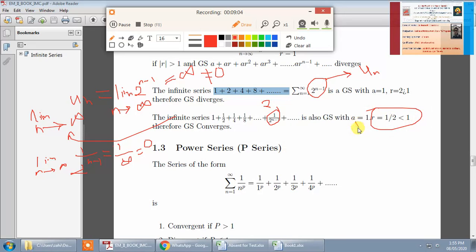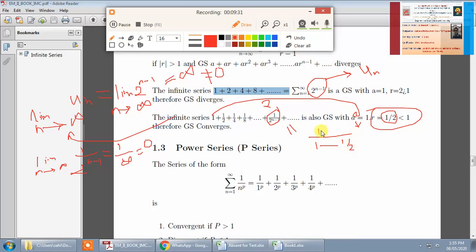And a is equal to 1. A means first term. First term is 1 and common ratio is 1/2, which is less than 1. So r is less than 1. The condition is satisfied, therefore this series converges. So what is the value of this series? This series converges to a divided by 1 minus r, where a is the first term, 1, and r is 1 by 2.